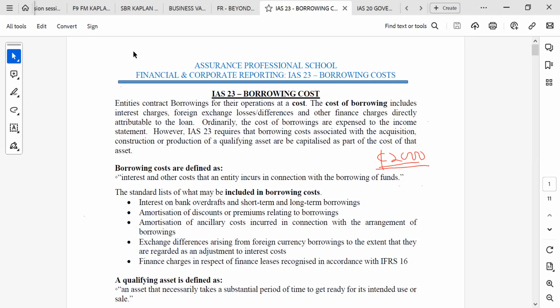So let's assume that at the date of this transaction, the exchange rate is 5 CD to $1. At the reporting date, it is now 6 CD to $1. And the asset is still under construction. So we are done with the first year already.